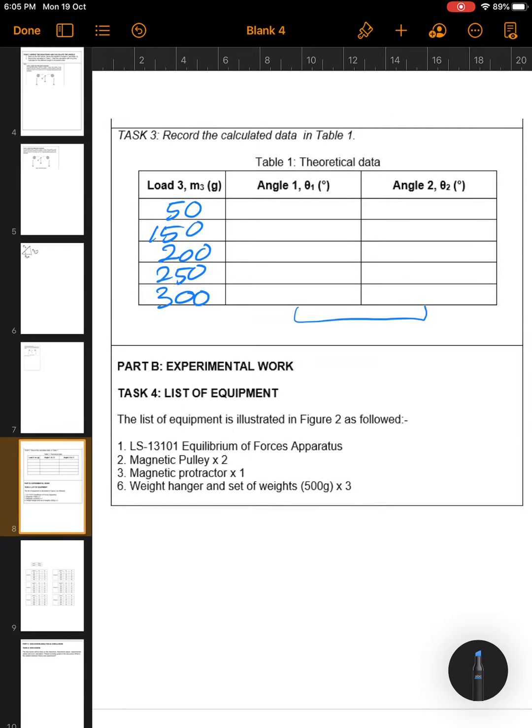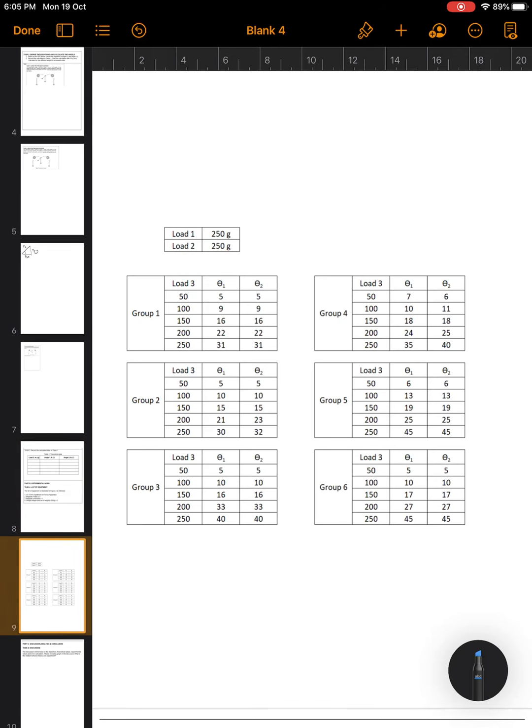Okay, the next task is you have to watch the practical video that I've given in your e-learn. Since we can't do the practical on your own, this is the data that I already recorded for you. You have to choose your group based on the group I've given in your unit. So this is the data.